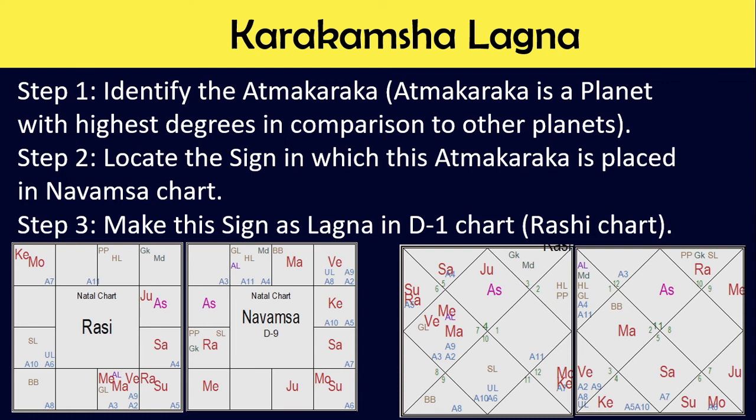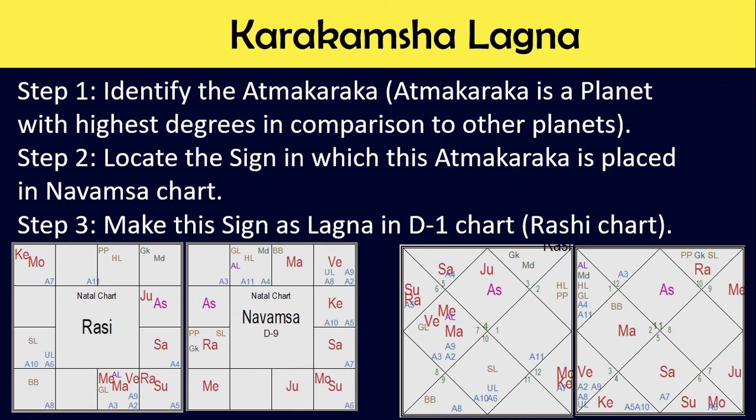Now Karakamsha Lagna. First identify the Atmakaraka. Atmakaraka is the planet with the highest degree in comparison to other planets. In this example chart, although it is not shown here, Venus has the highest degree. So Venus is the Atmakaraka here.